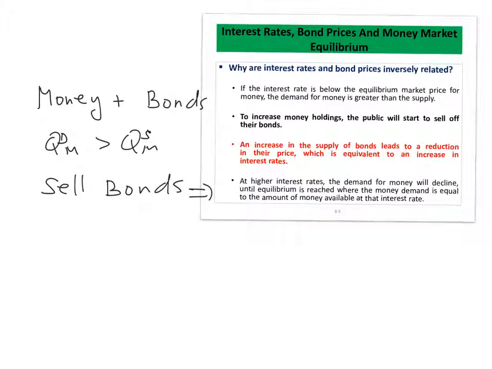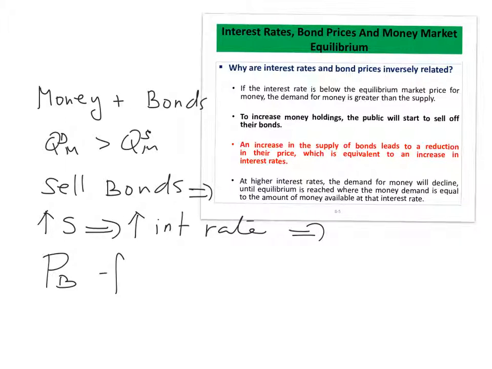In so doing, that would increase the supply of bonds and shift the bond supply curve to the right, and hence increase the interest rate. In so doing, the price of the bonds would fall. Hence, there is always an inverse relationship between the price of the bond and the interest rate.